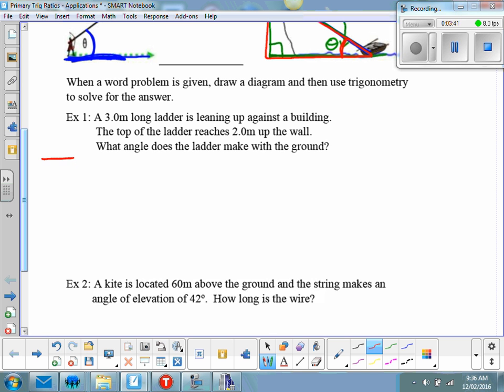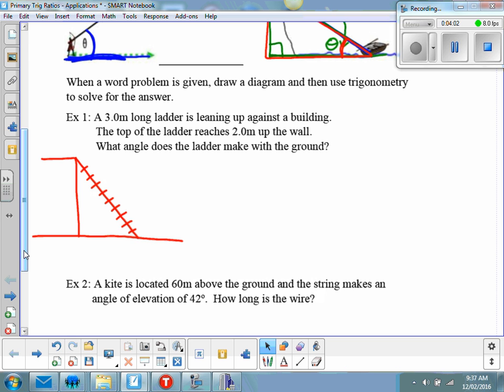So we've got a building, we've got the ground, and we've got a ladder leaning up against the building. Now I'm just going to put rungs on the ladder, like steps, to show that that's where the ladder is leaning against the wall. And now I'm going to plug in information that I know. So I know the ladder is 3.0 meters long.